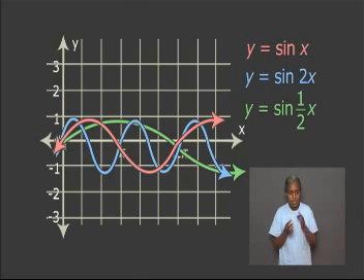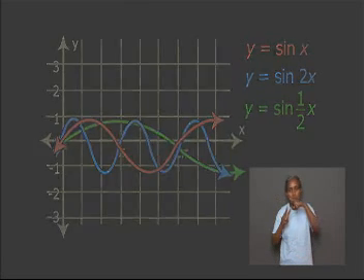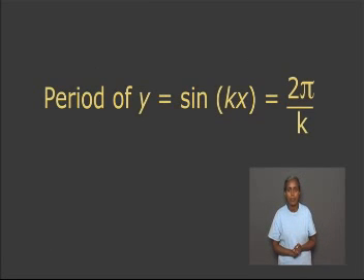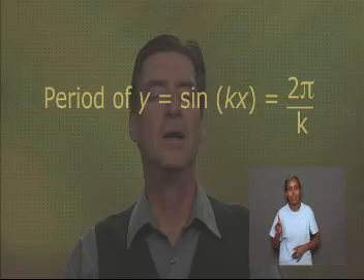If we add in the graph of y equals sine of x over 2, we see that this function only completes half a cycle in the interval of 0 and 2 pi. Thus, we can say that the period of y equals sine of kx is 2 pi over k.